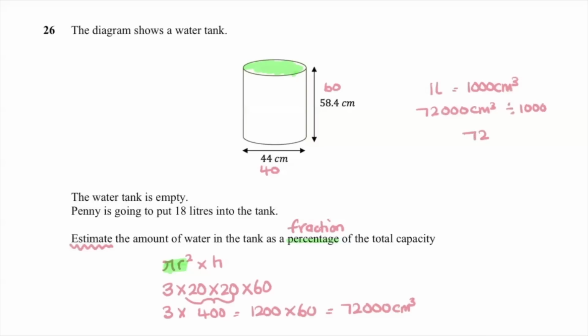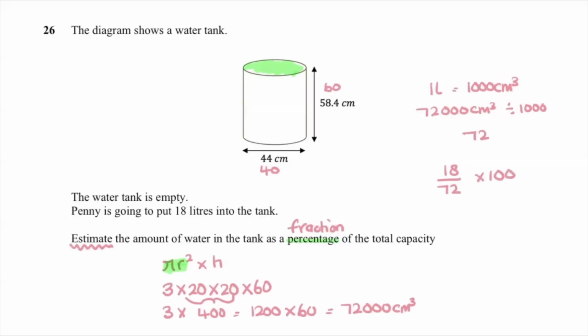I'm now at the position where I can put my fraction together. She puts 18 out of a total 72. The tank will hold 72 litres, but she's only put 18 in. Now I need to write that as a percentage, which means I need to multiply it through by 100.